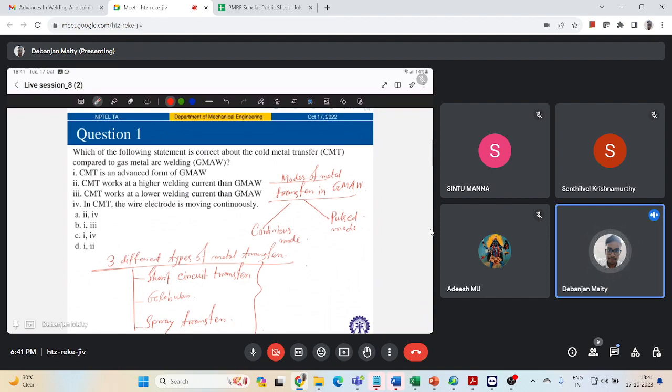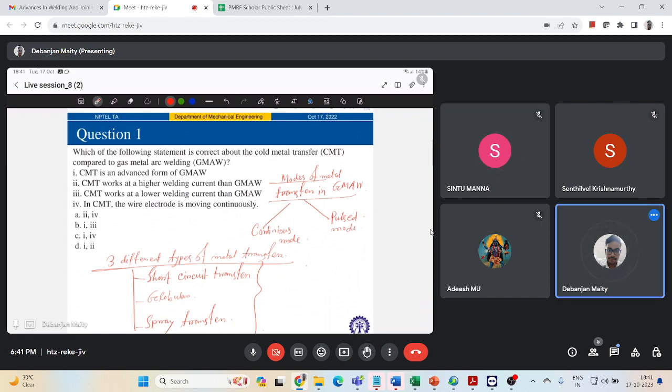So what does my question one say? Which of the following statements is correct about cold metal transfer, CMT, compared to gas metal arc welding? Go through the question once and give me the correct one. Option B is correct.